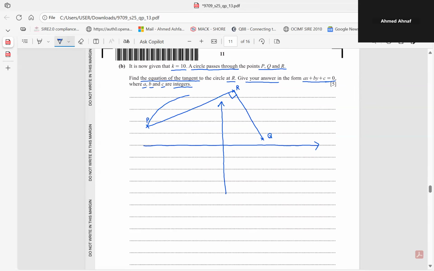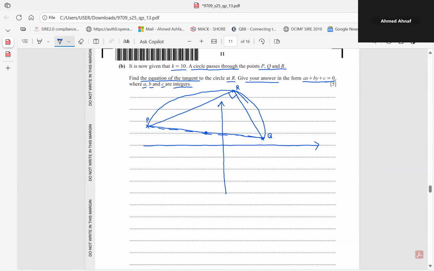Just drawing a part of this circle. Using our circle theorems, we can conclude that this line PQ subtends 180 degrees and hence is a straight line. And hence we can say that PQ is the diameter of the circle.